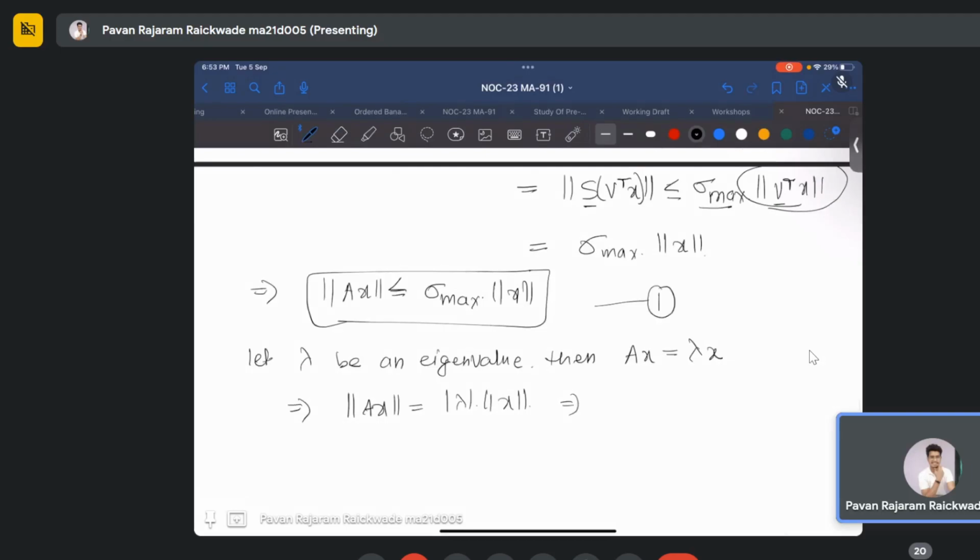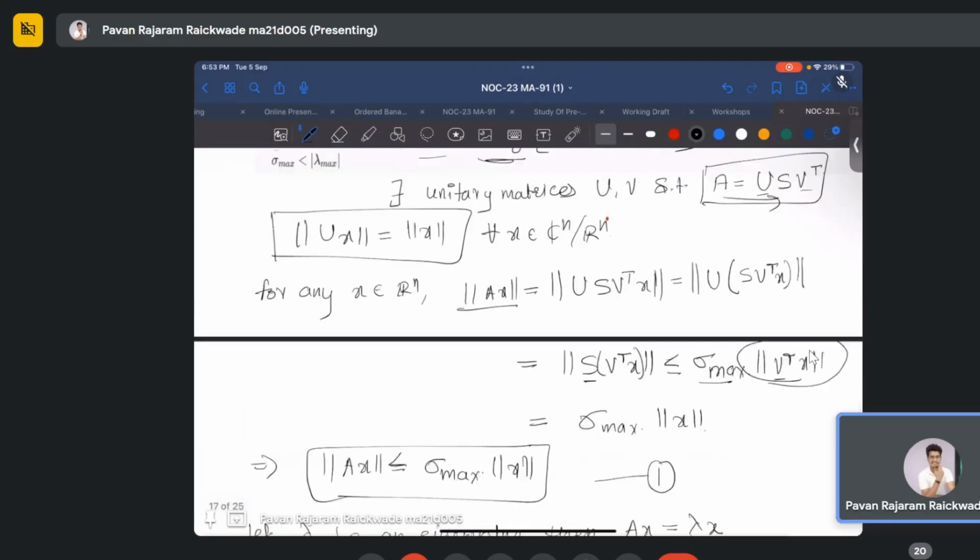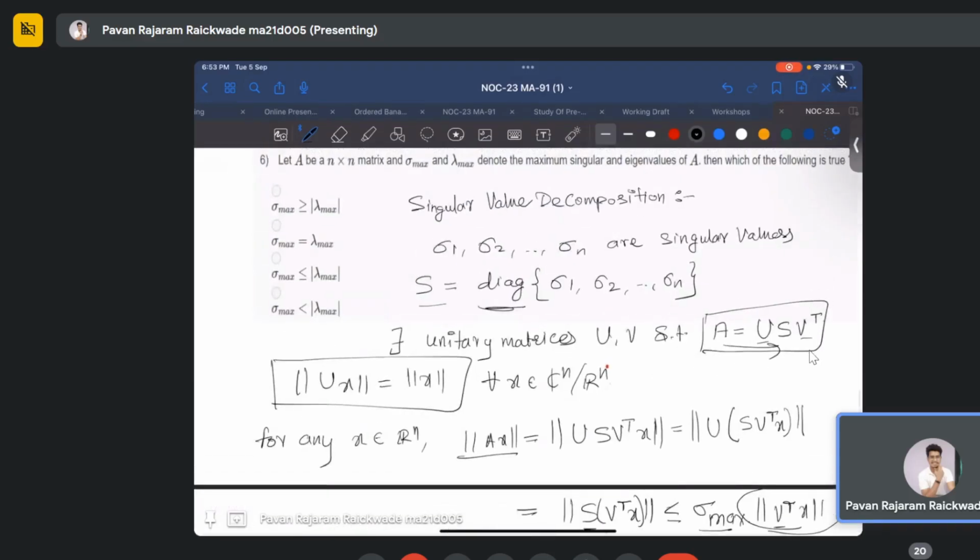But from equation 1, or I'll say equation 2 here, mod lambda norm x is less than or equal to sigma max norm x. This is happening for every lambda, hence in particular lambda max. Do we have such an option? Sigma max, yeah.